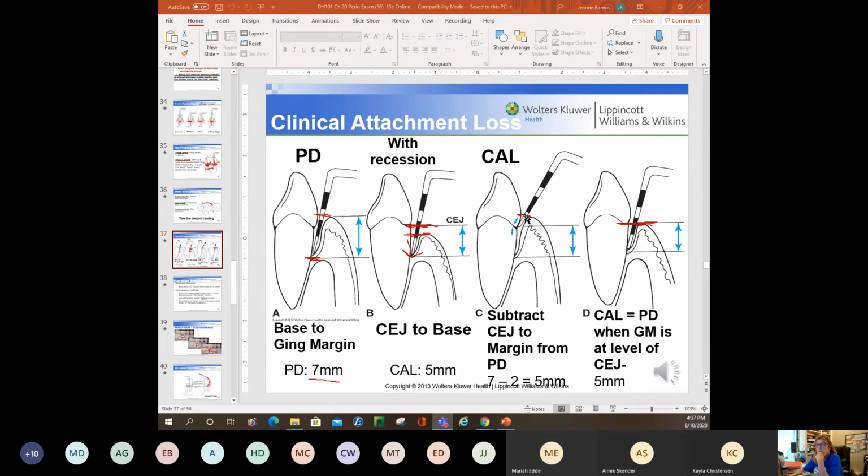But we would take a measurement from the gingival margin to the CEJ, which would be 2 millimeters, and then probably 3 on here by my red marking. But it's supposed to be 2 on there, and the whole from the base here all the way up to here is 7 millimeters. Well, this is supposed to be there. So we take 7 minus that 2, and you've got a 5 millimeter pocket between the CEJ and the base.